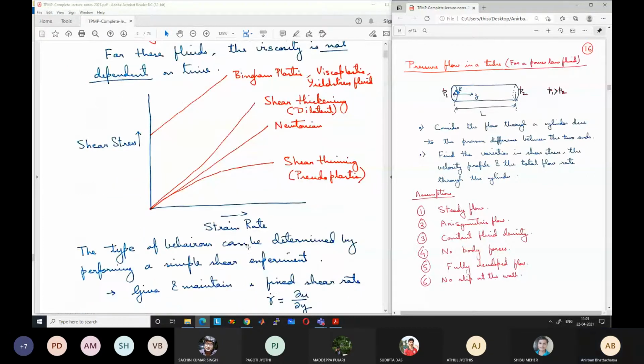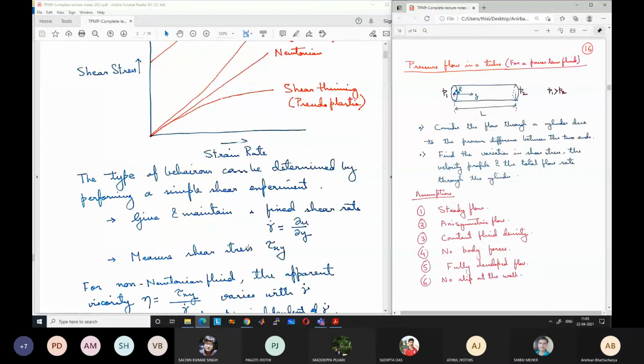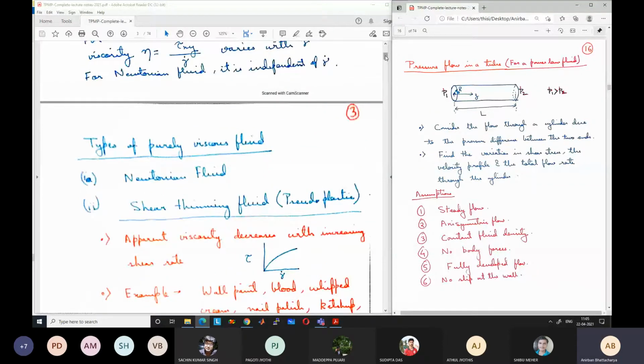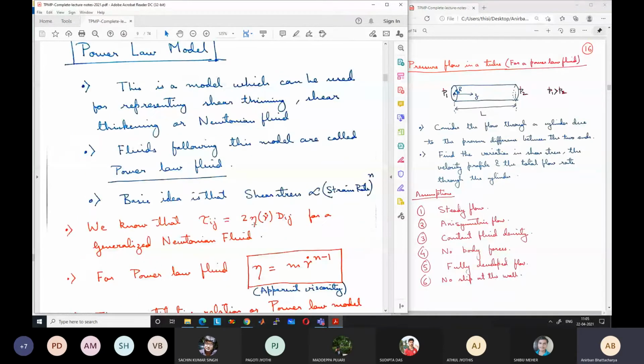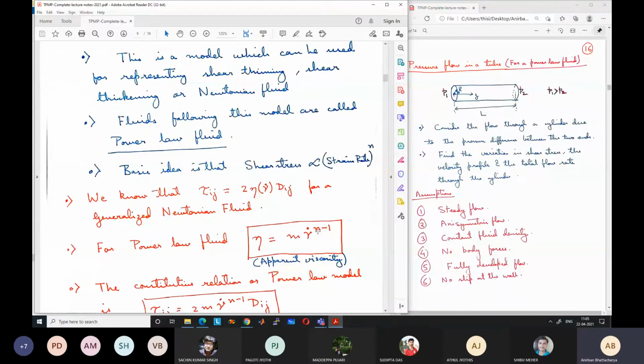In the power law model, the apparent viscosity is a function of the strain rate to the power n minus 1, where n is an exponent which depends on the type of material.